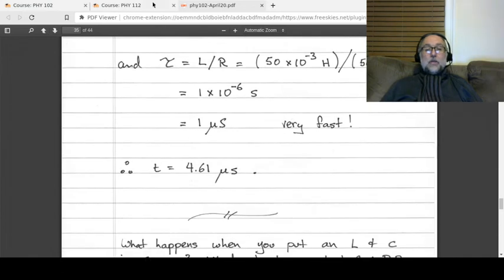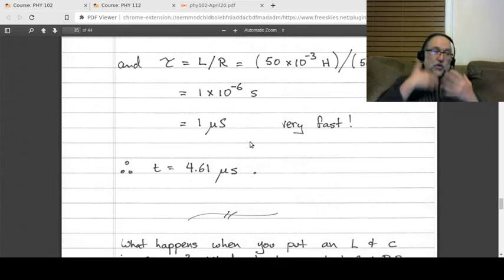And so the current, it's not instant. It's fast, but it's not instant. It would take 4.61 microseconds to build up from 0 to 99% of its maximum value. You can measure this on an oscilloscope. Obviously that is way too short for human things. So if you hooked up something else, like an LED, to try to see this, you wouldn't.